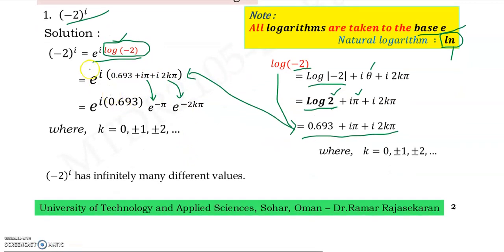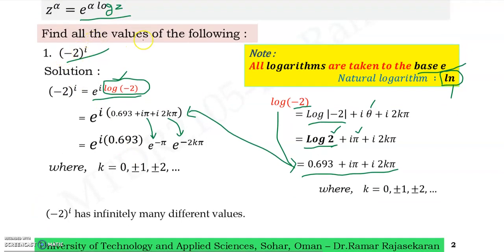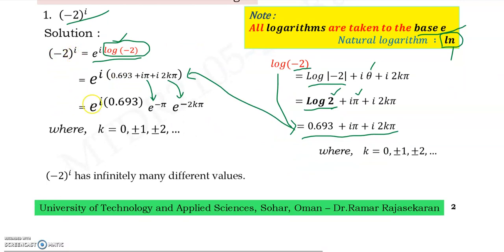So, now, we have to find all the values of the following. Minus 2 to the power i is nothing but e to the power i 0.693 multiplied by e to the power minus pi multiplied by e to the power minus 2k pi. Now, here what is k? k is any integer, which means k is 0, plus or minus 1, plus or minus 2, etc. Suppose you replace k here by any value, then you will get different values of minus 2 to the power i.